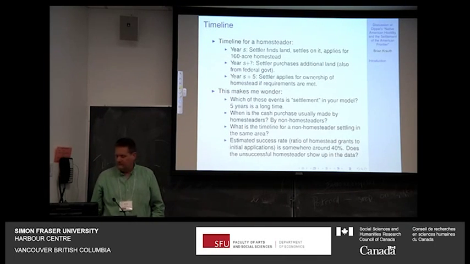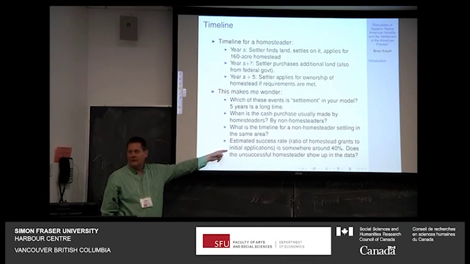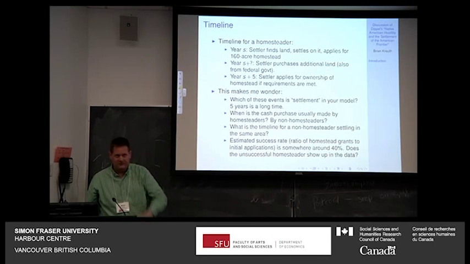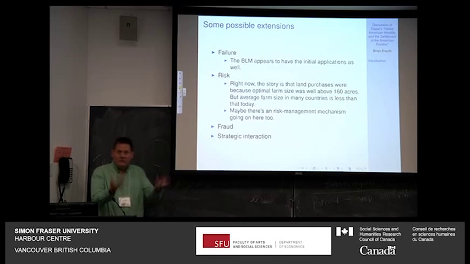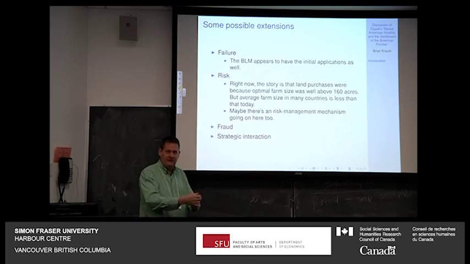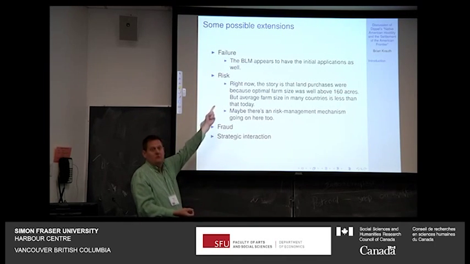I'm sorry, you seem to have skipped past it. It says, okay, yeah, thank you. Estimates of the success rate are 40%. Yeah, I'll send you a reference for that. So this raises a question, because I think the BLM also has digitized these records of the initial application. I think you can do something about these failures.